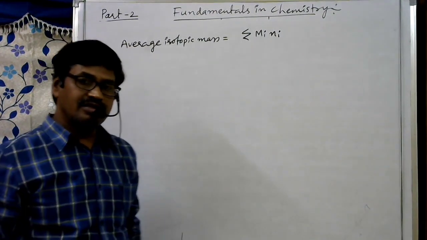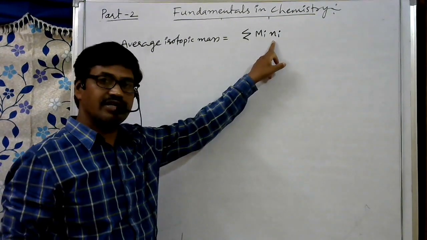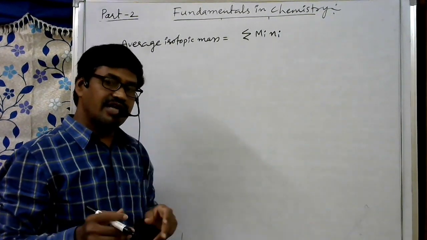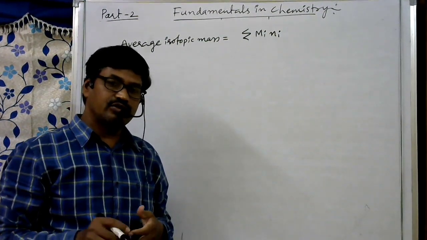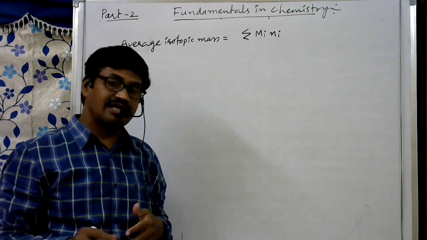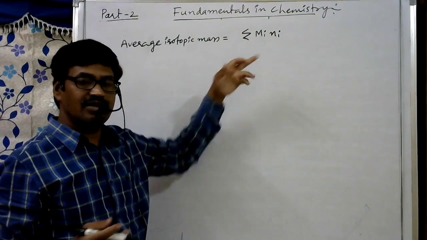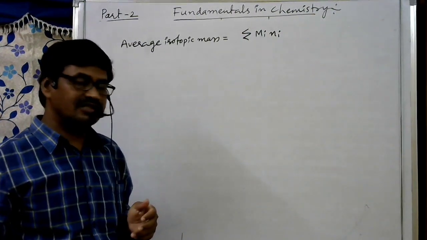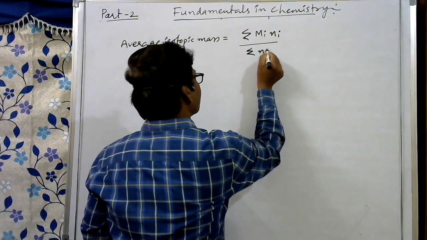For example, the number of isotopes is 5, so here instead of n we take 5. Each isotope has a different mass. One isotope has mass 2, another has 2.1, one more is 1.9. Like that, different masses are there. That mass we have to write here, different masses and different numbers, divided by the sum of the numbers.